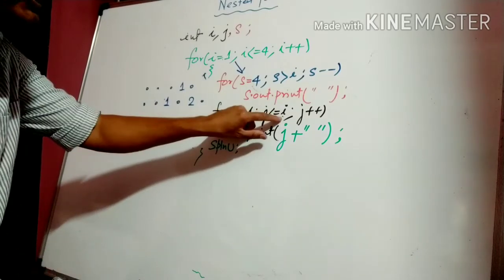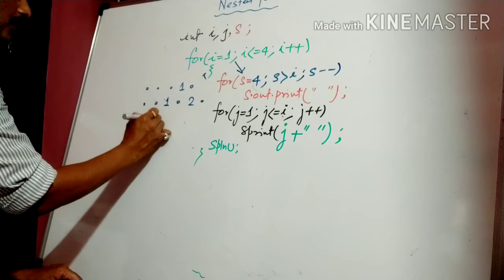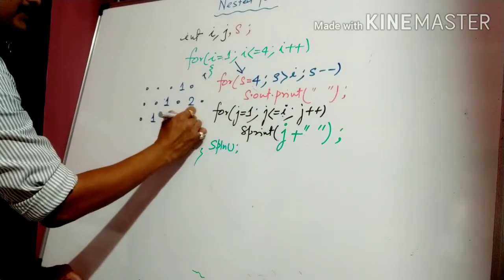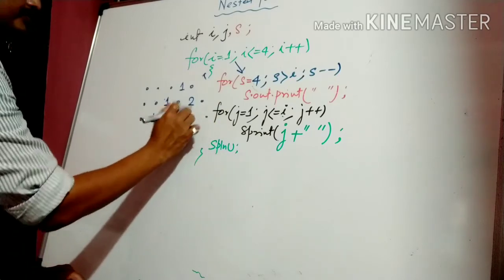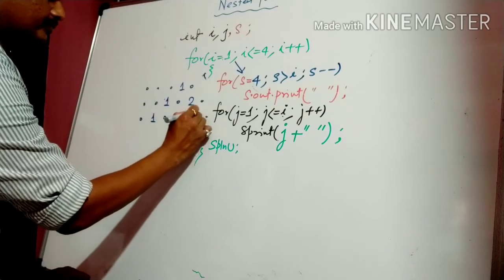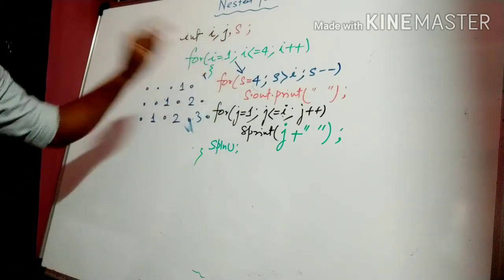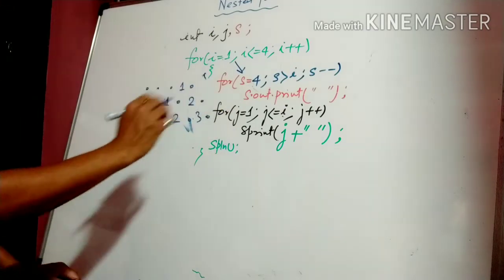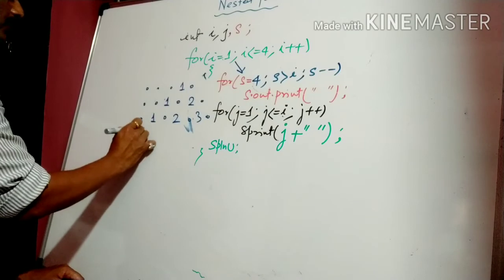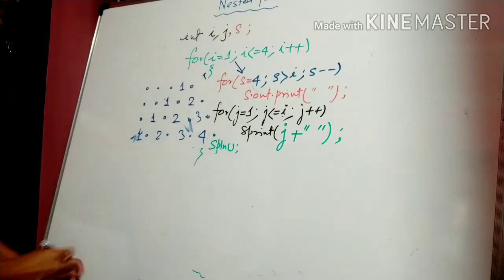And this loop will execute 3 times. Why? Because the value of i is 3. So it will print 1 space, 2 space, 3 space. Line change. This is 4, no space, and this will execute 4 times. 1 space, 2 space, 3 space, 4 space.